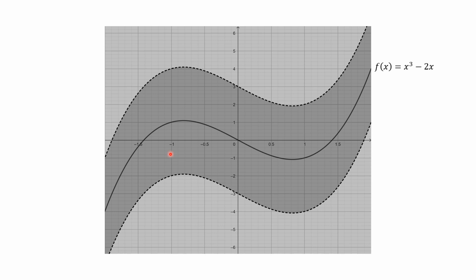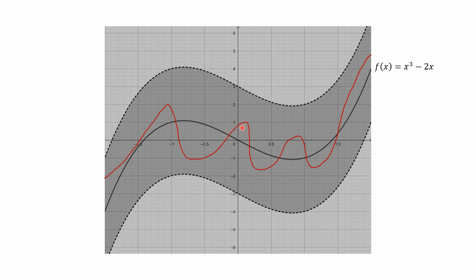Any function that doesn't get further away from this center by more than 3 units at any point in the interval -2 to +2 is within the open ball. Let's draw one in here, in red. We could have a continuous function like this, so it never gets more than 3 units away from our center.